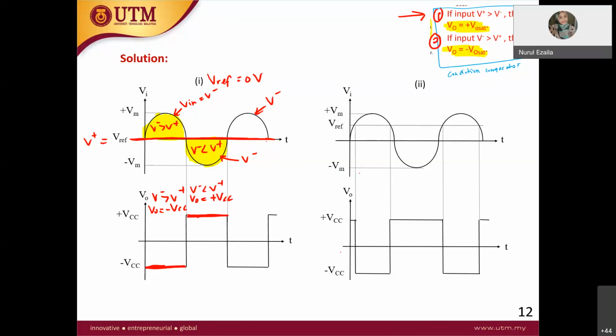I think for the rest, the cycle will be the same. So you got it here. This is your output waveform. This is the answer for the output waveform. Sometimes they ask you to calculate the V out or they want a value. Sometimes they ask you to draw the waveform.